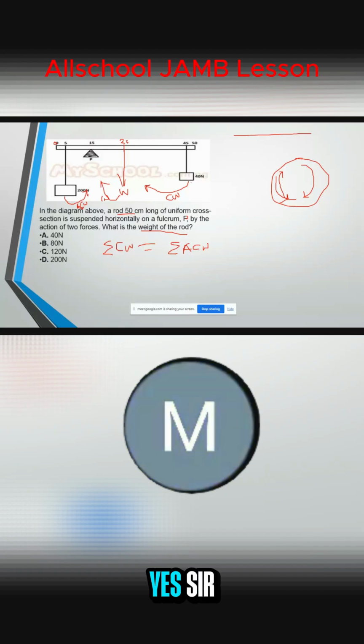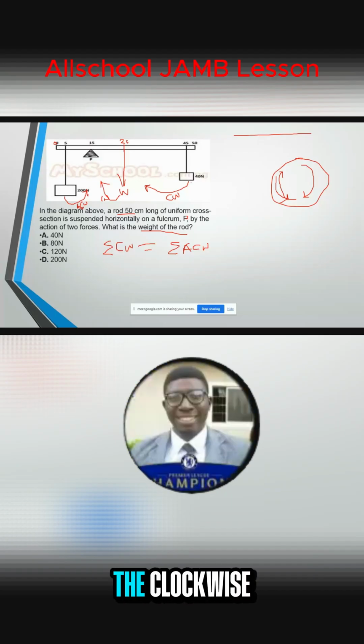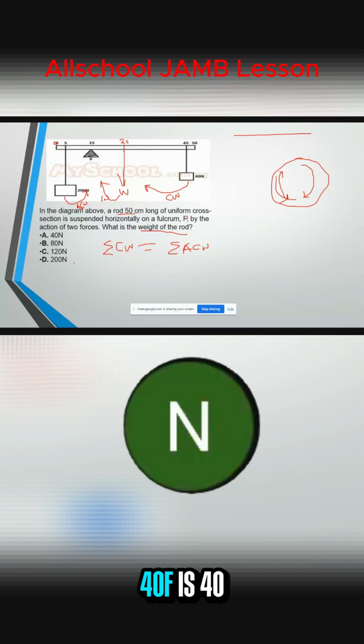So let's start with the clockwise. The first one is 40. Let's find the moment of 40. Force times distance. What is the force? F is 40.